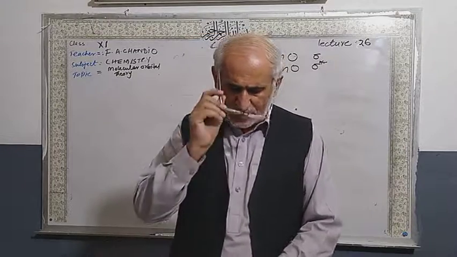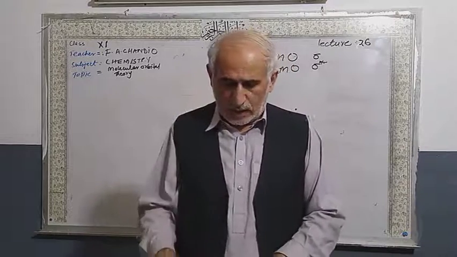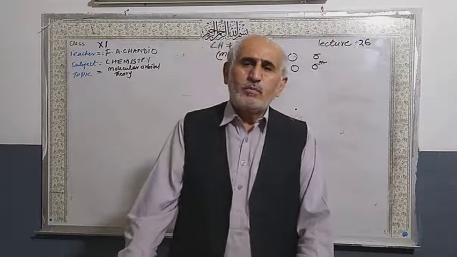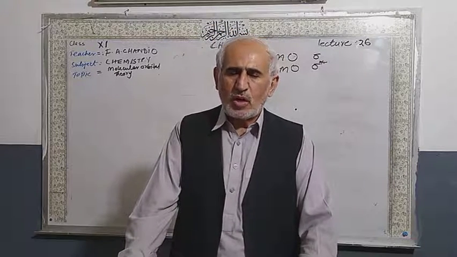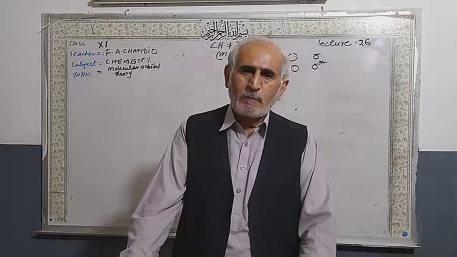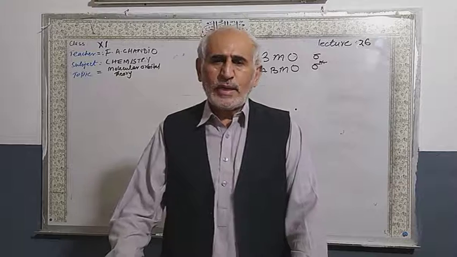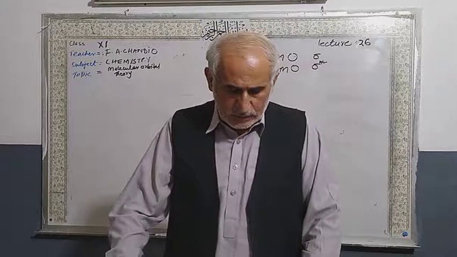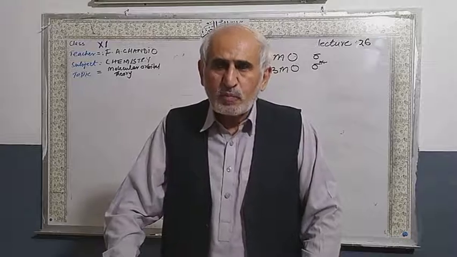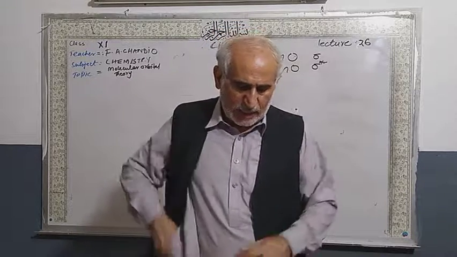So here are some rules to follow in molecular orbital theory: all the rules of filling orbitals. When you did the electronic configuration in the previous chapter, you used three rules: the Aufbau principle, Pauli's exclusion principle, and Hund's rule.